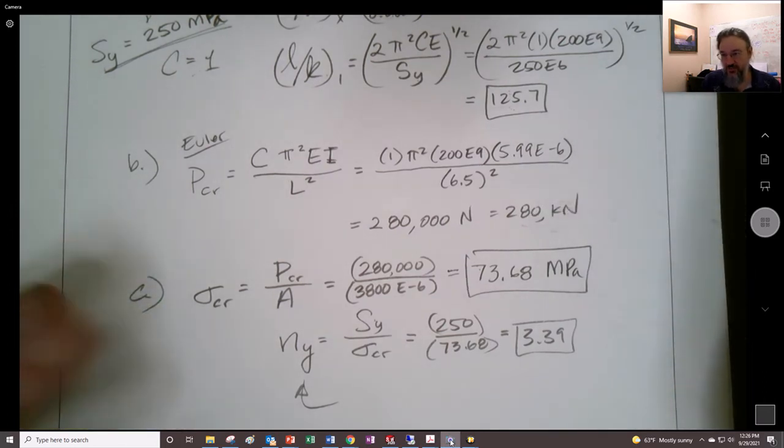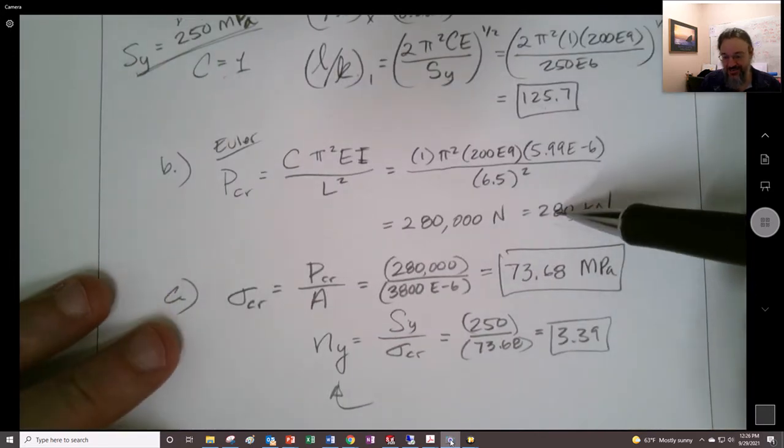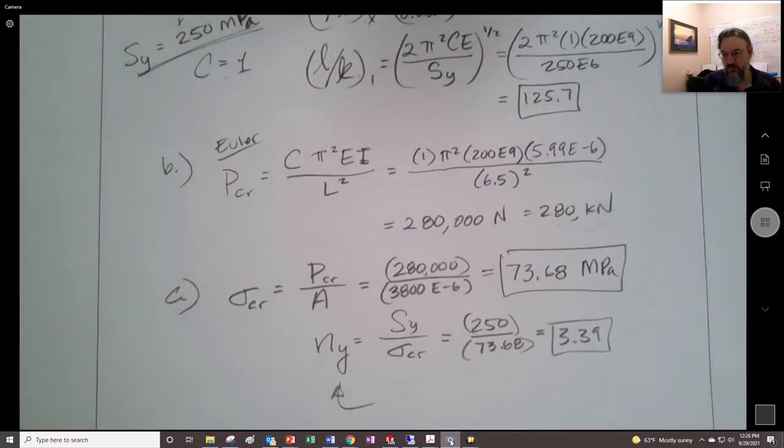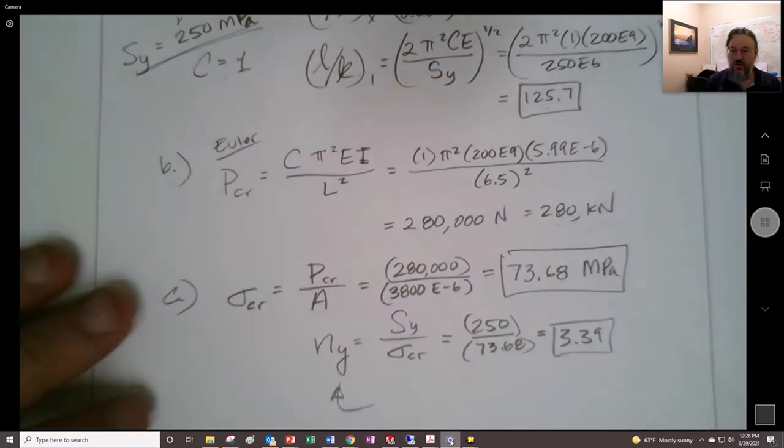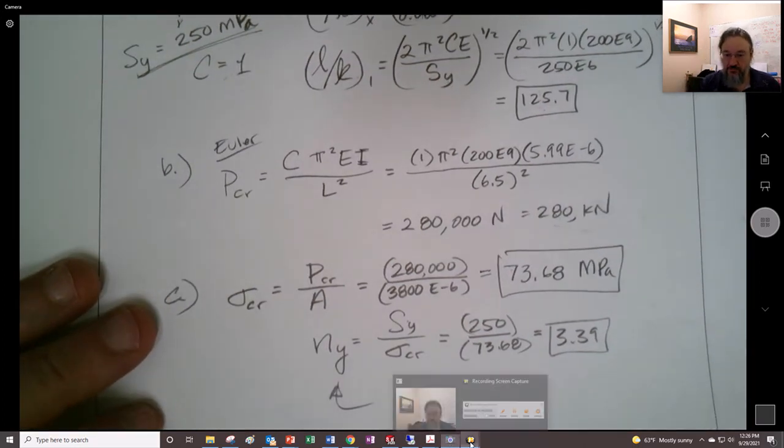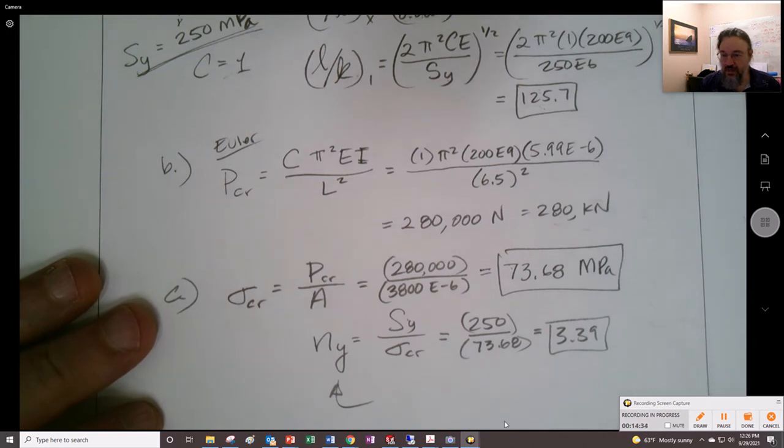And we could mention, because this is an idealization of the failure, if the load is just slightly off to the side, not exactly at the centroid, it'll cause buckling earlier. I think I have enough time.